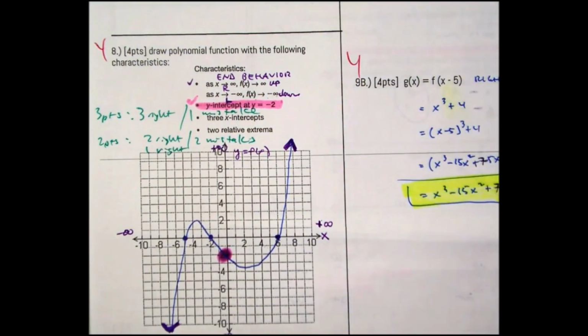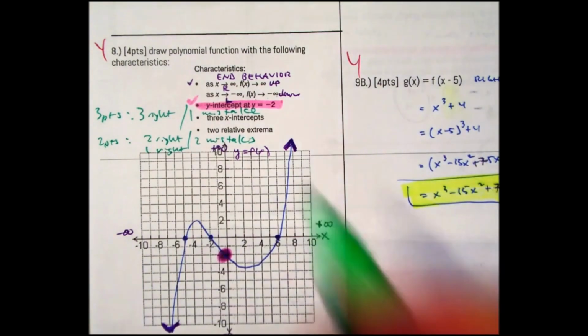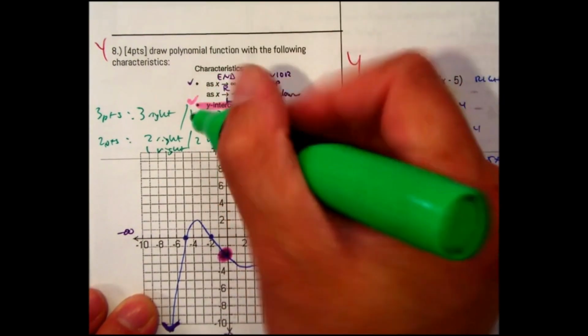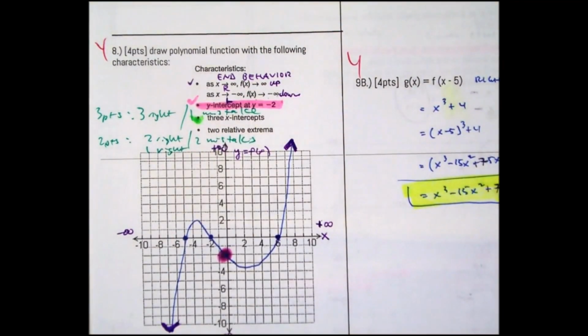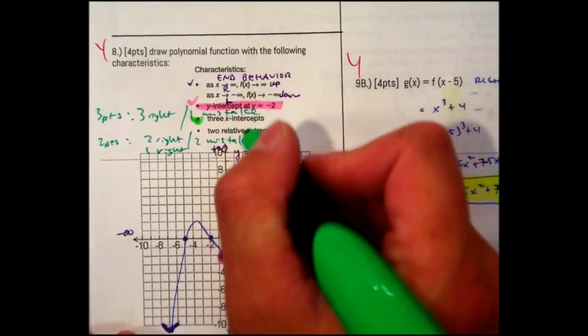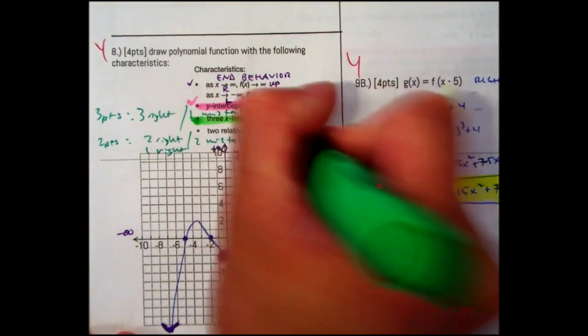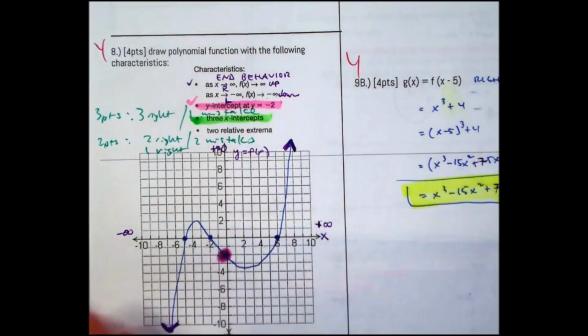The third characteristic says 3 x-intercepts. Now here it doesn't tell us anything specific. It doesn't say multiplicity, right? It doesn't say distinct. That's a better word you can use, distinct 3 x-intercepts. So you can put them anywhere you want.